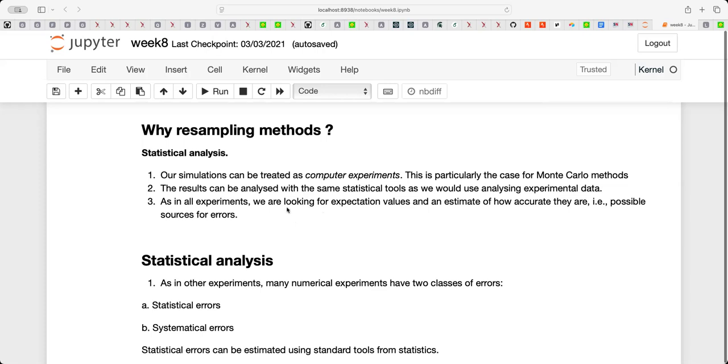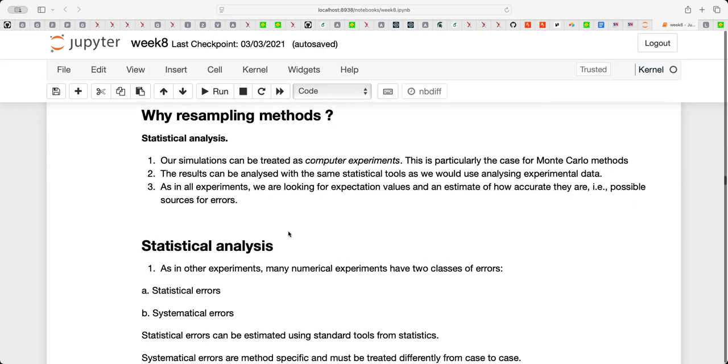The results then should be analyzed with the same statistical tools as when you analyze experimental data. And for those of you doing experiments or analyzing CERN data, or doing subnuclear physics experiments, this is something which you have to deal with.